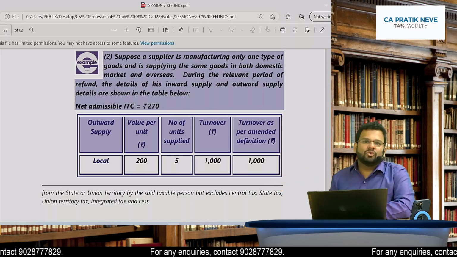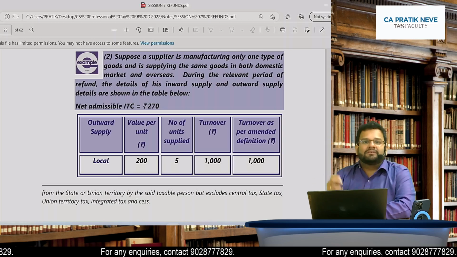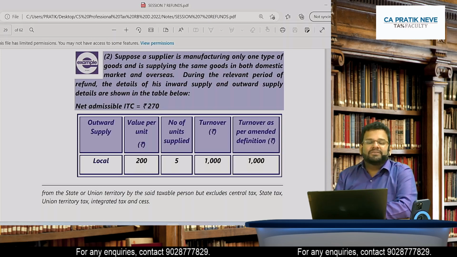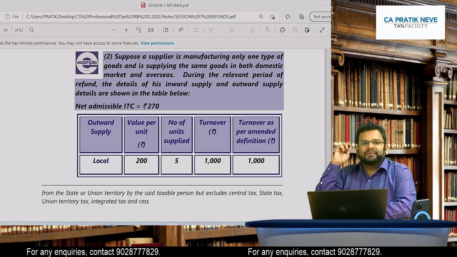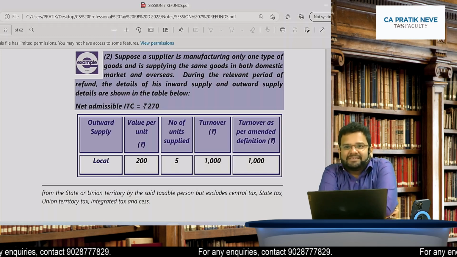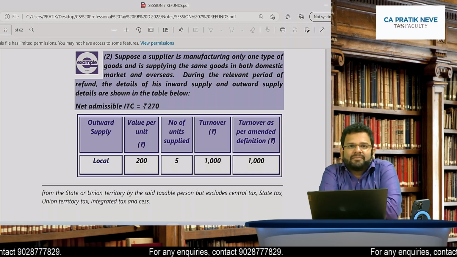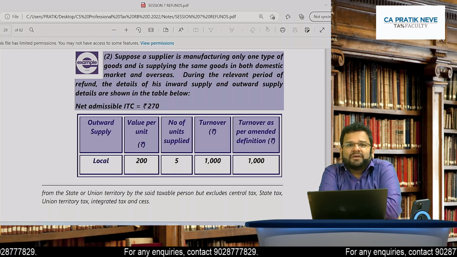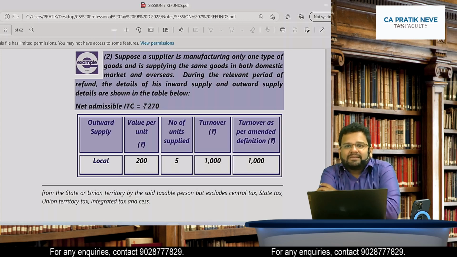Whenever there are genuine cases of refund, where the incidence is not passed on to the buyer, in those cases you will be given a refund in your account instead of it being credited to the consumer welfare fund. So there are no doubts in these things.